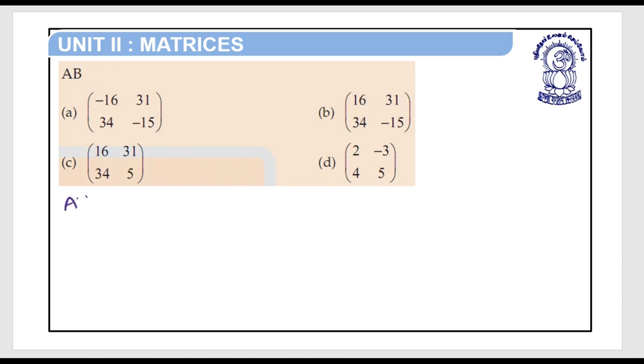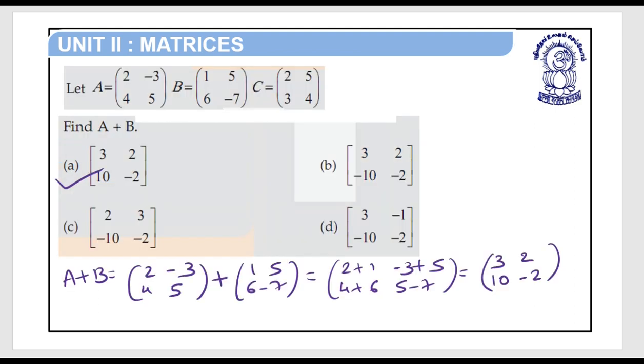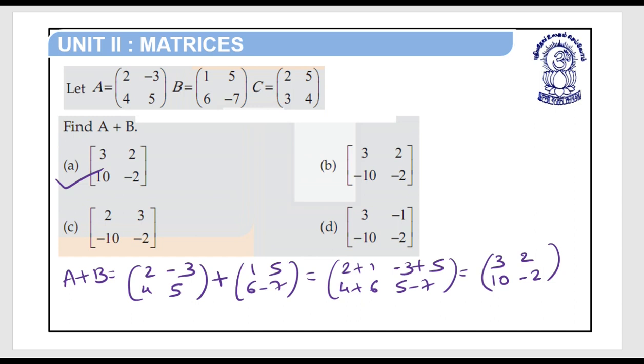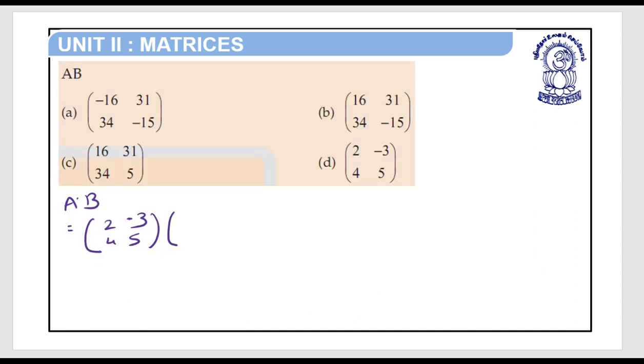Next one, A into B. So the value of A is 2, minus 3, 4, 5. B is 1, 5, 6, minus 7. Now take the multiplication.